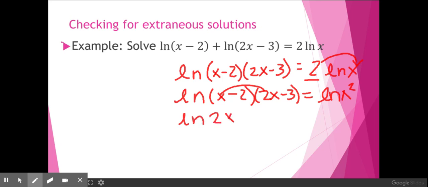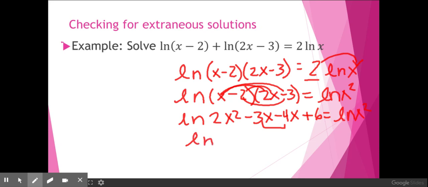So I get 2x squared minus 3x minus 4x plus 6 equals the ln of x squared. And here we can combine like terms, so we get the ln of 2x squared minus 7x plus 6 equals the ln of x squared.